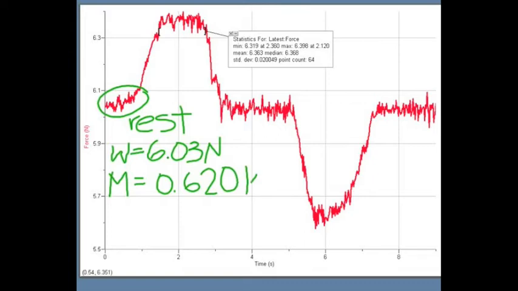As the elevator went up, it had a positive acceleration. At this certain point, the object or weight had a constant acceleration.